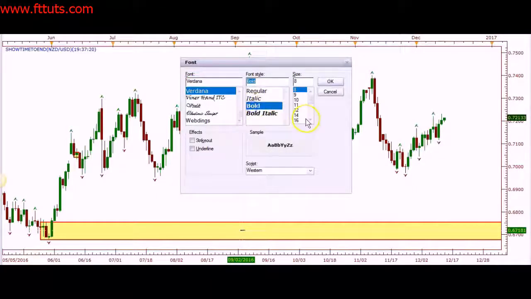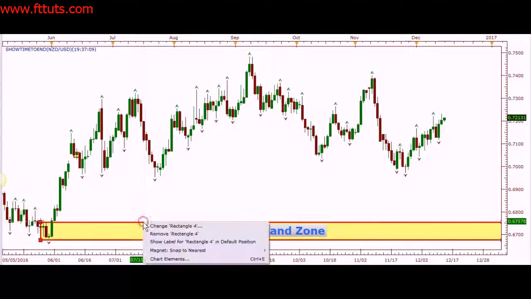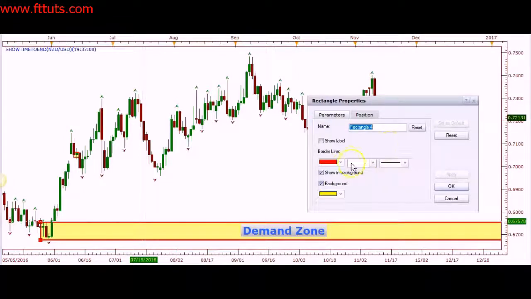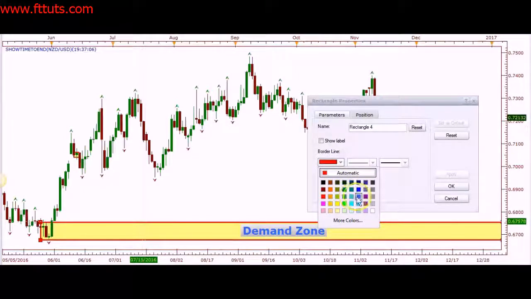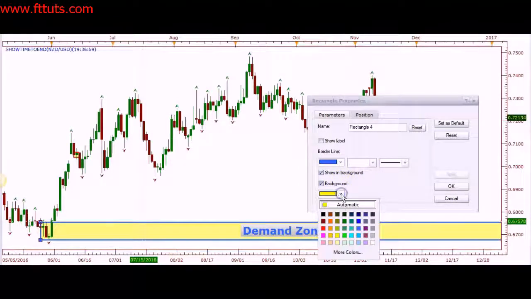Make it bold and 20. Okay, so that's going to be a demand zone. Now the way to distinguish is probably just to make them different colors. So you know this is a demand zone, so I'll make that one blue, much like that. And let's make the background blue.